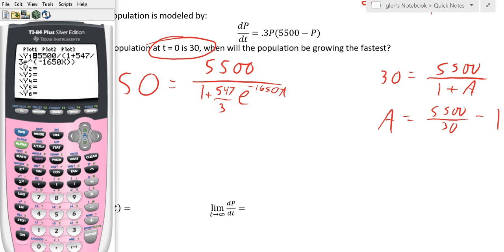Since I want it to equal 2750, I'm just going to do minus 2750 and see where that hits 0.